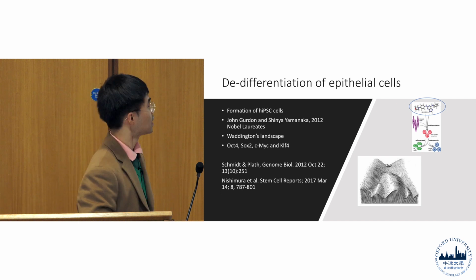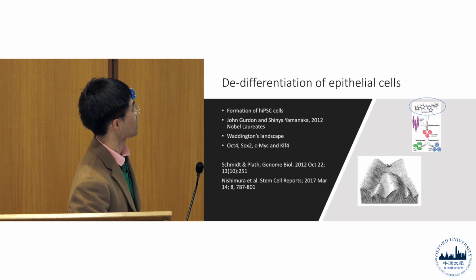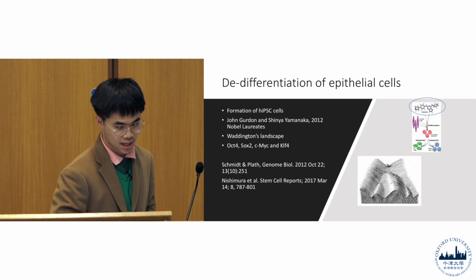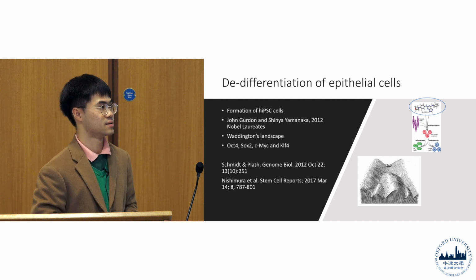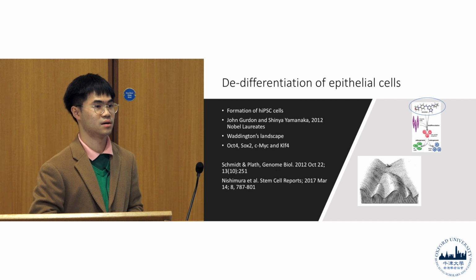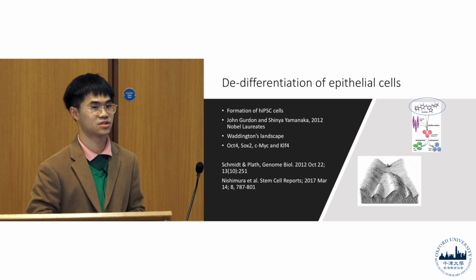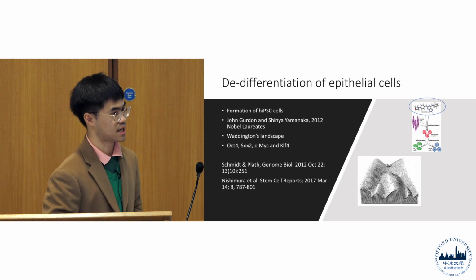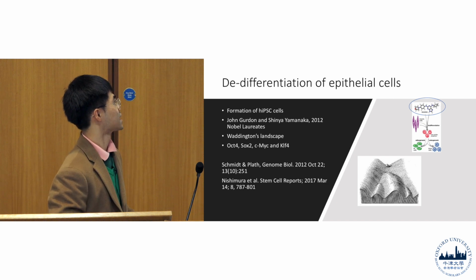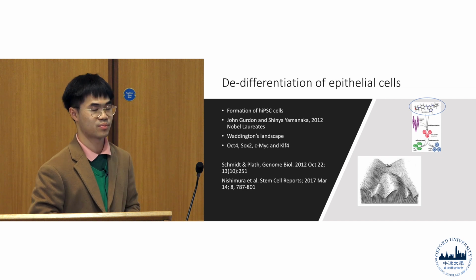I've circled the compound reversine up here, and that is a compound that causes the reversal from a unipotent state to a less differentiated state, but that is not enough to get us back to our pluripotent state.